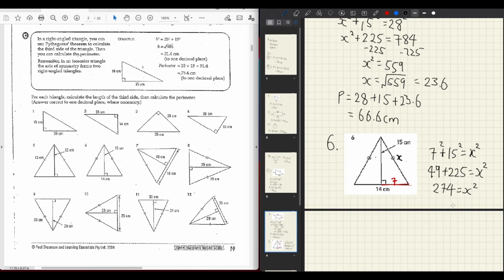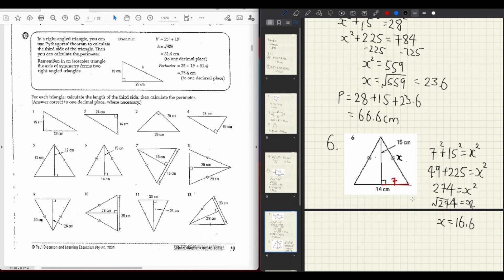Now, what is x? So we've got the square root of 274. So what does x equal? So x is equal to 16.6 if you want to write it to one decimal place.